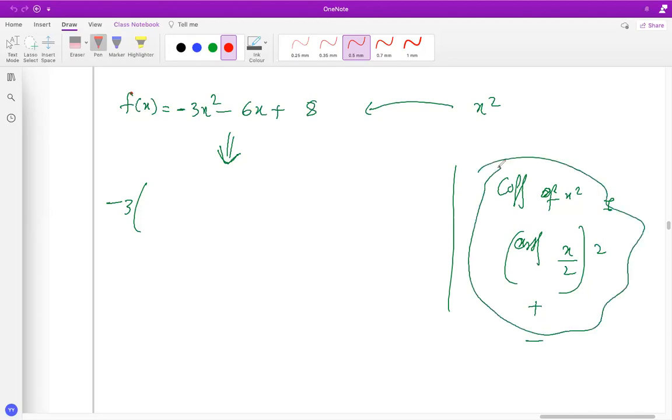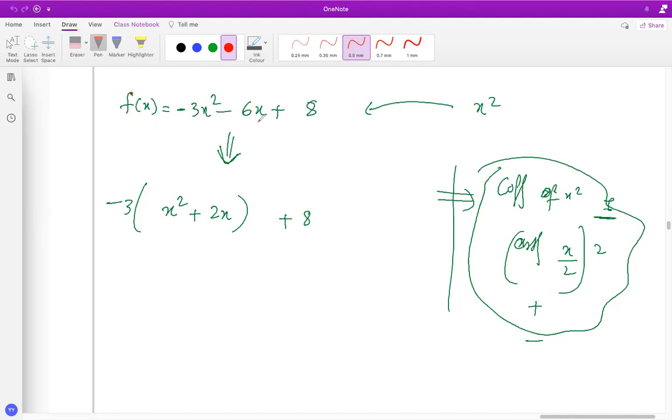From the entire thing you could take negative 3 out, so that becomes -3 times (x squared + 2x), and keep + 8 as it is. So the first step is done: the coefficient of x squared is 1 now.